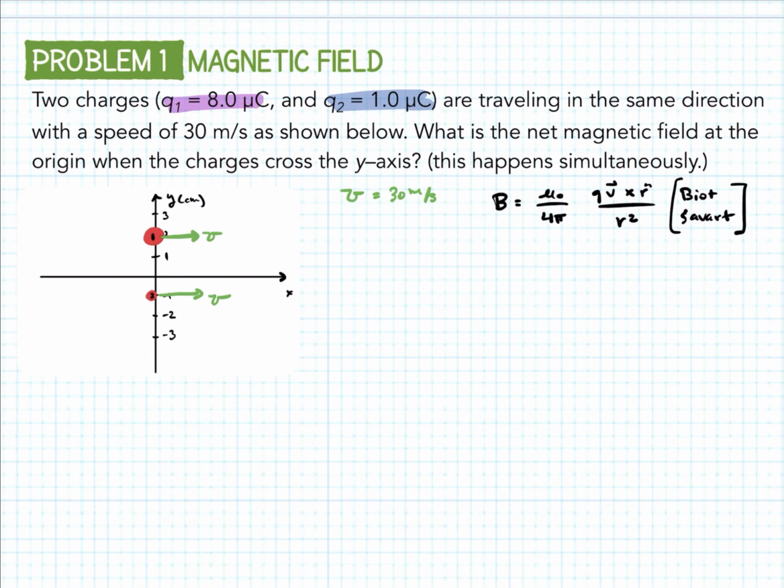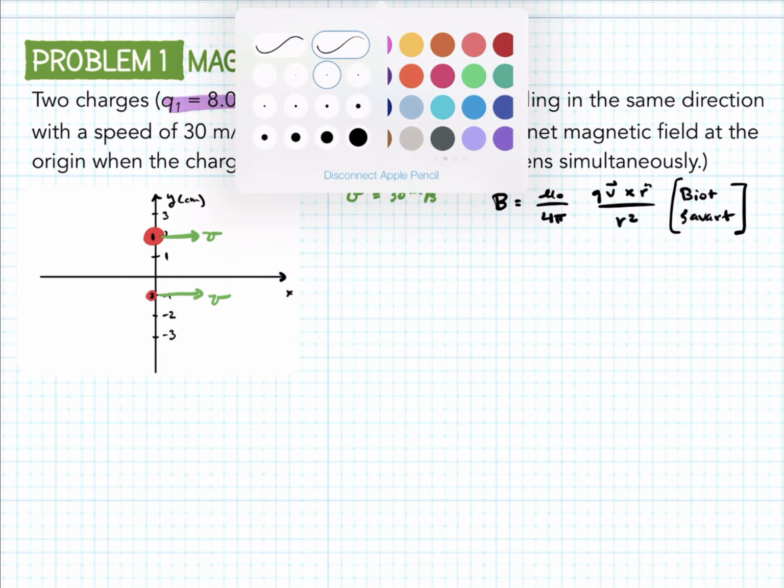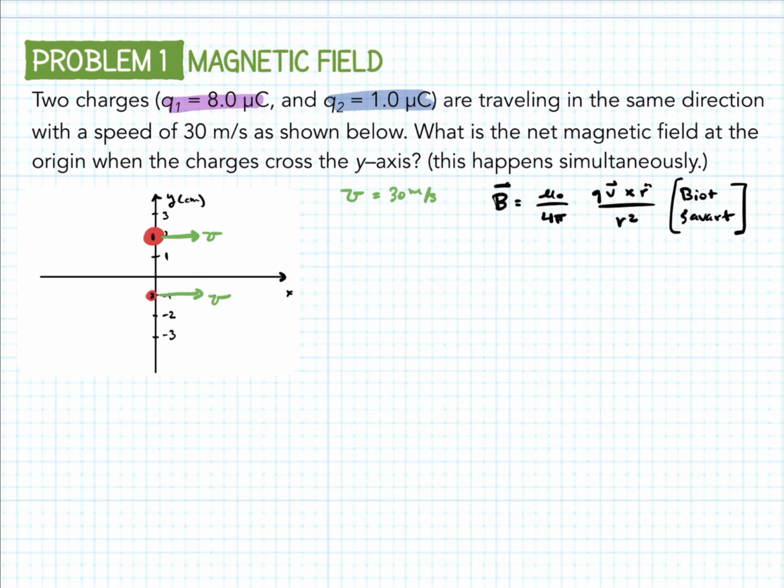We need to figure out as a vector what these are going to look like. Because we know the direction of travel, we also have to keep track of which direction the R is. So for 1, this is R1, it's the distance to the origin. This is R2, also the distance to the origin. Remember, this is our origin here.